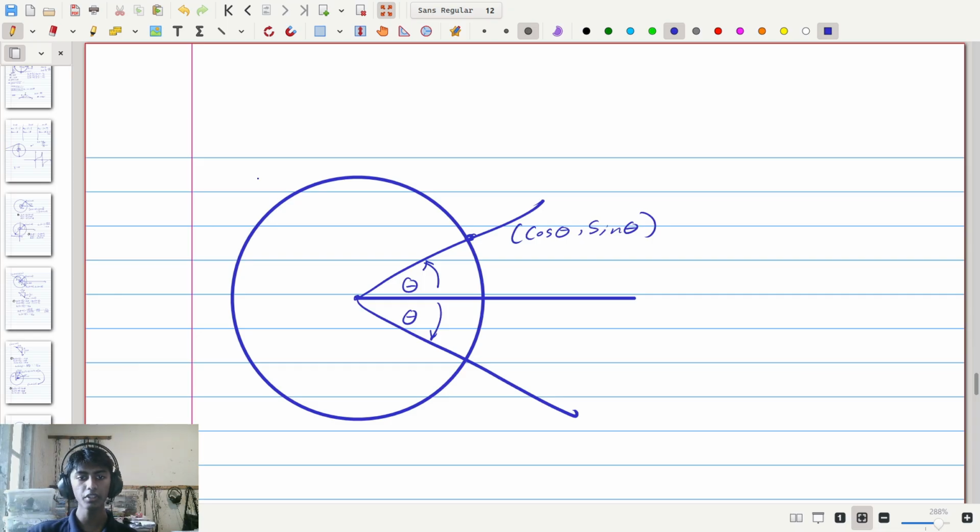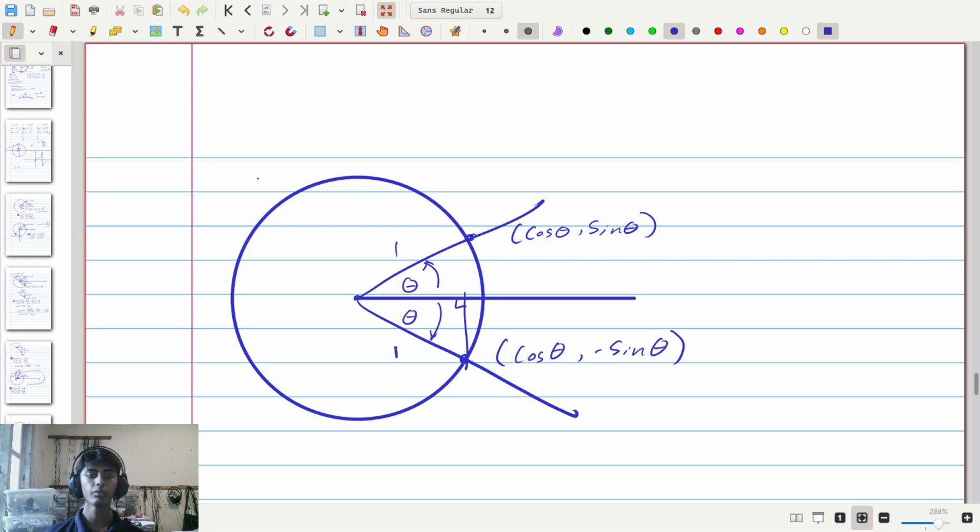And to get to this other point, what we have to do is go forward a certain distance and go down a certain distance. If I draw this triangle, it will be clear. Since this radius is 1, we have to go forward a distance of cosine theta and go down a distance of sine theta. Therefore, this point here is positive cosine theta, comma negative sine theta.